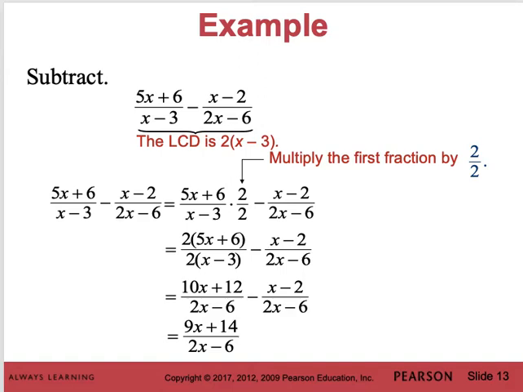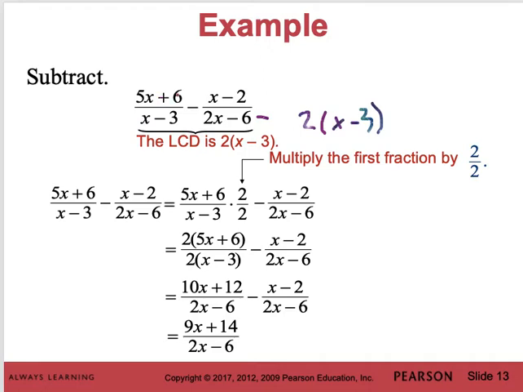Subtracting: the least common denominator is what we want to find first. Least common denominator between x minus 3 and 2x minus 6. Well, let's look, can we simplify this? 2x minus 6, each can be divisible by 2, so it'd be 2 times x minus 3. So what's missing over here?